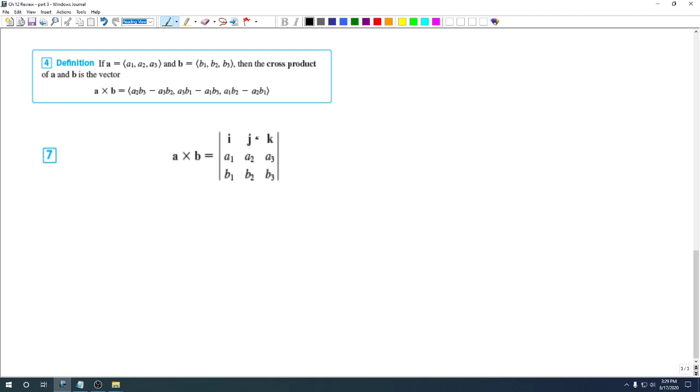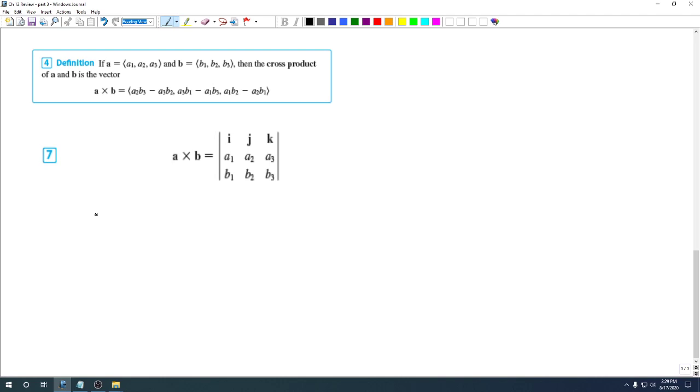Technically, this is a bit of an abuse of notation because we are putting vectors in the spots in this matrix. It's a matrix that's somehow composed of vectors and scalars. That's a little bit odd, but the formula that we follow does work the way we expect it to.